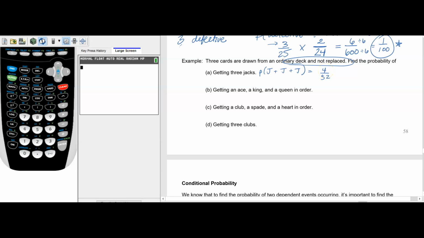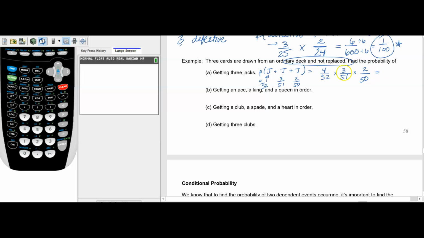We take that first jack out and we set it aside. Now there are only 51 left in total, and there are 3 jacks left because we picked one the first time. So the second fraction is going to be 3 out of 51. And then this third fraction is going to be 2 out of 50 since we're down another jack.